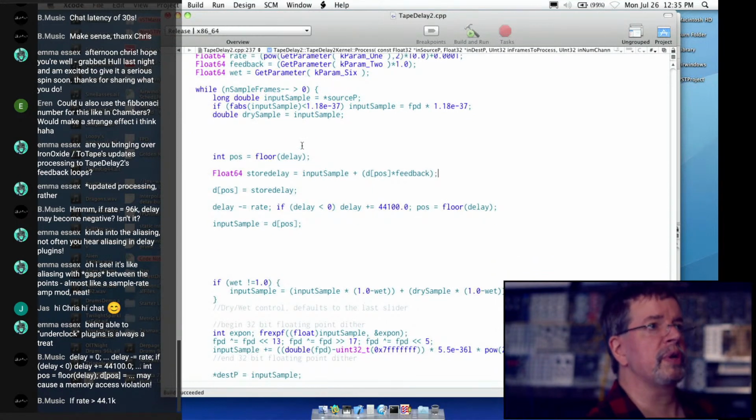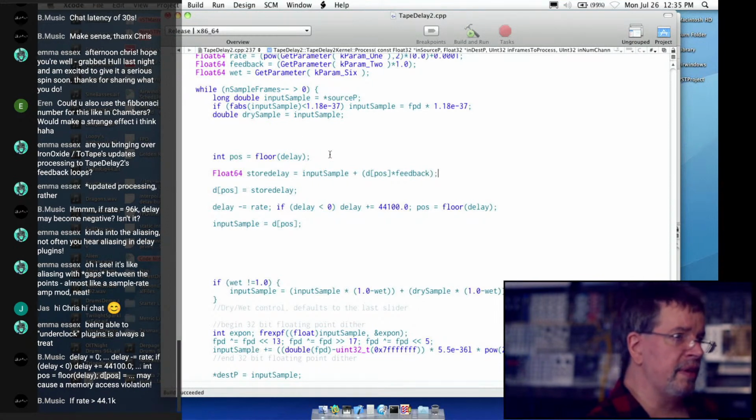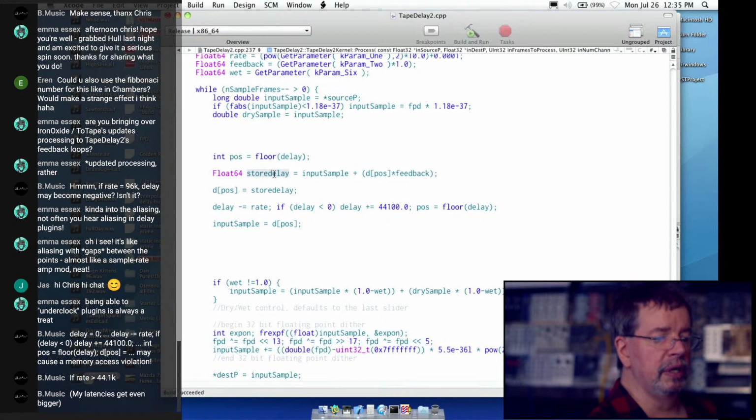Basically what I need to do is keep the previous position, and then as we are storing new figures from store delay, which is input sample coming in, plus the feedback effect that we've got, we need to be not just putting it into this, but we need to put it into all of the new numbers coming in.